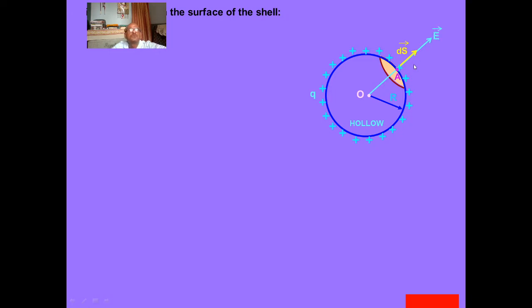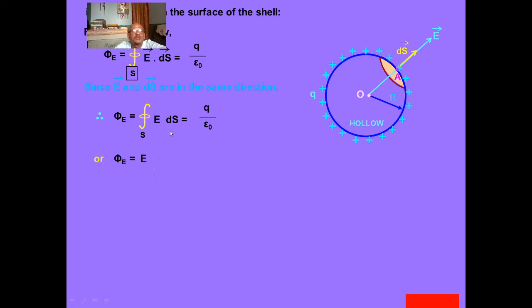Now if we use the Gauss law, electric flux equals the surface integral E dot ds equals q by epsilon naught. As we have solved in case 1, here the only thing is that the summation of this area ds will be 4 pi R square.